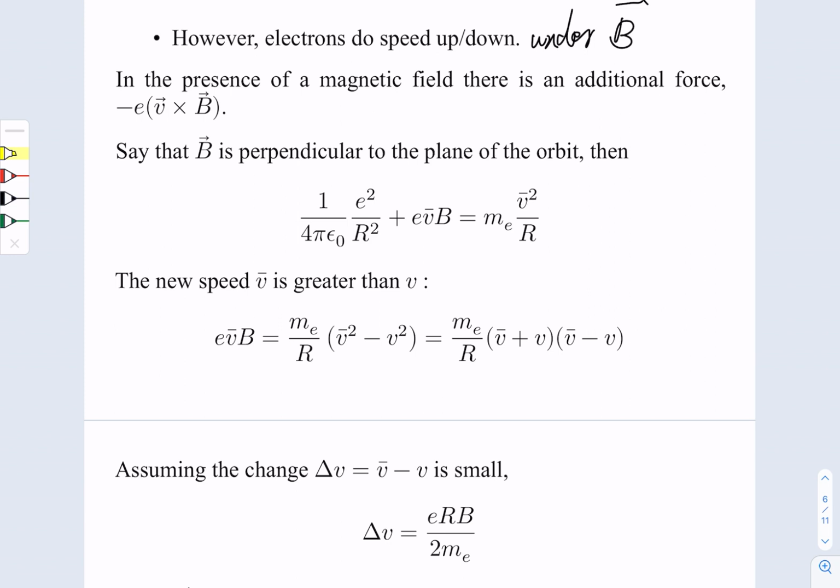So do I need to explain a bit more? Okay. So the idea is that you can, in principle, solve the equation here, and determine this v bar as a function of the magnetic field B, right?